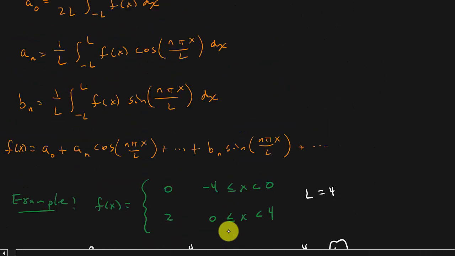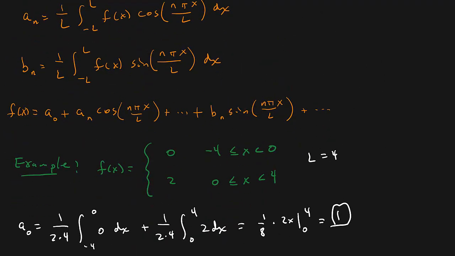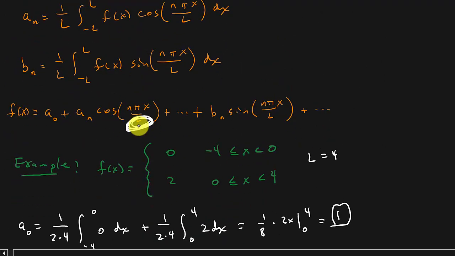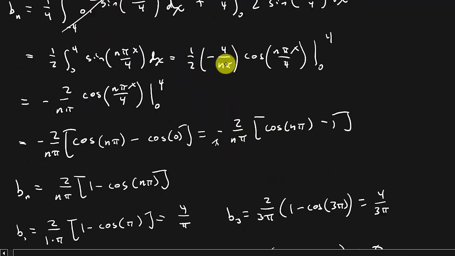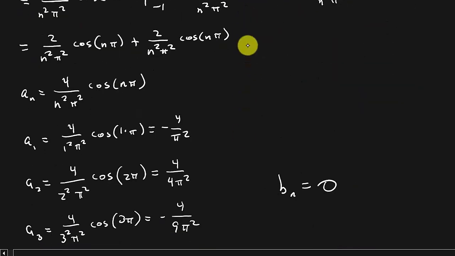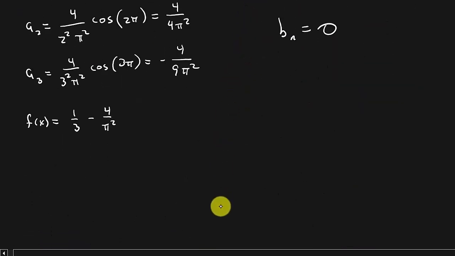Where is it? Oh, it's way on back here. See, L is 1. So it's just going to be n pi x over 1. All right, so that's going to be cosine. Now, this is when n is 1.